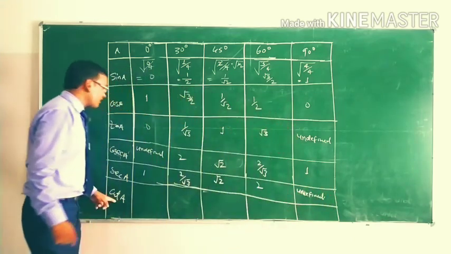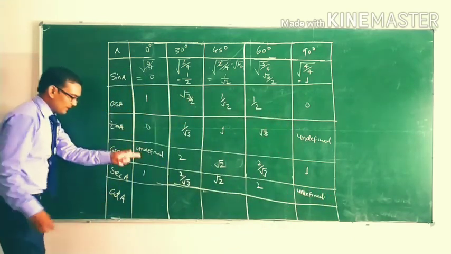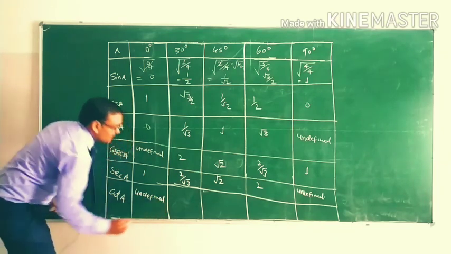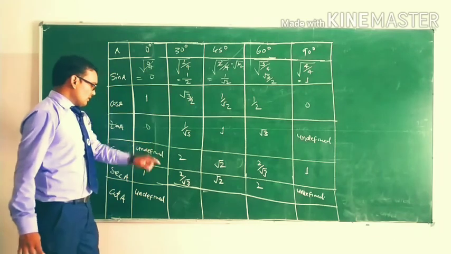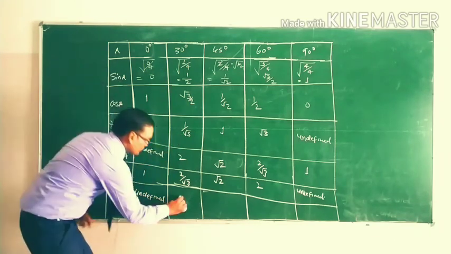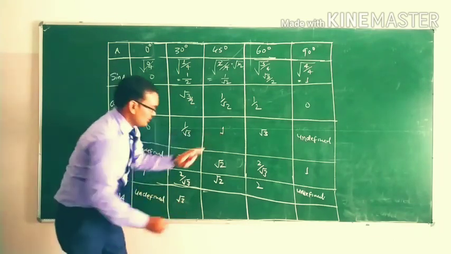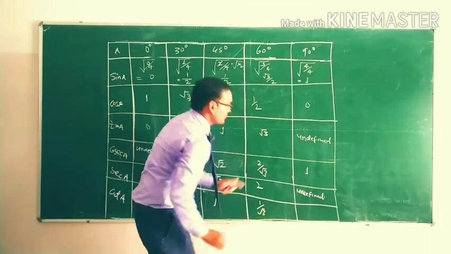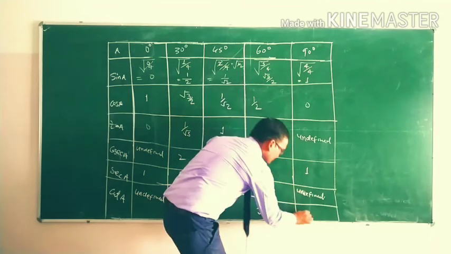Last is cot A. Cot is 1 upon 0, undefined, then square root 3, 1, 1 upon square root 3 and 0.